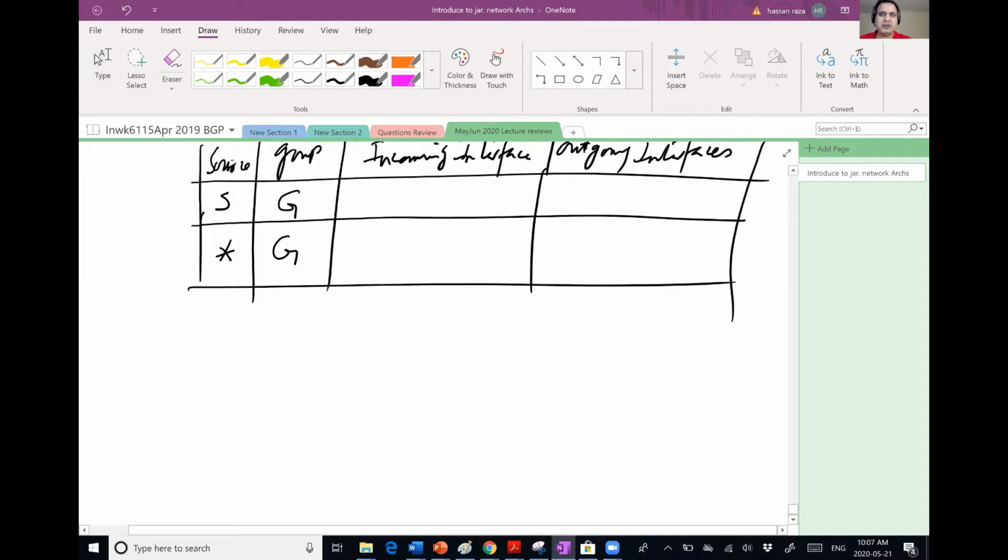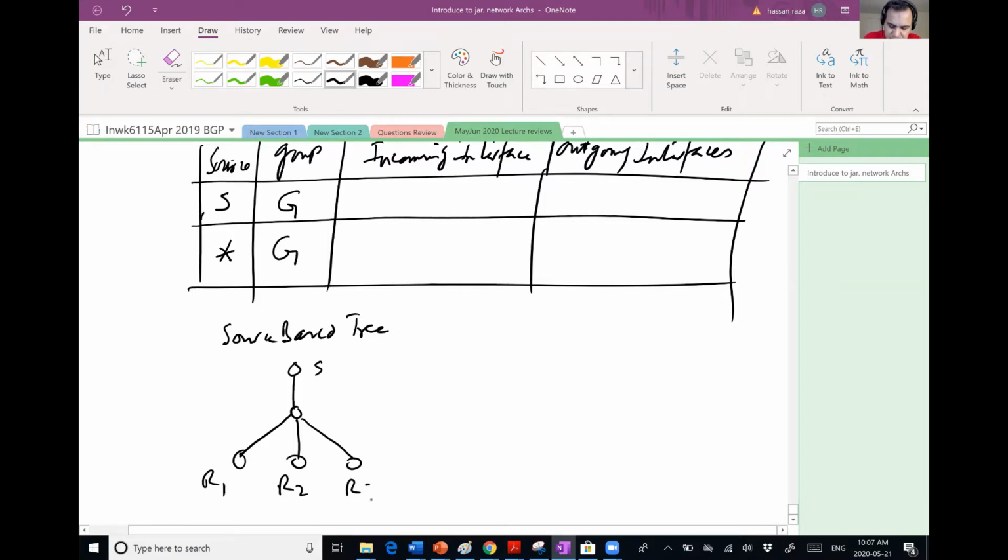Multicast trees could be of three types. One could be the source-based tree. For example, in a source-based tree I have a source, and from this source I have receiver 1, receiver 2, receiver 3.